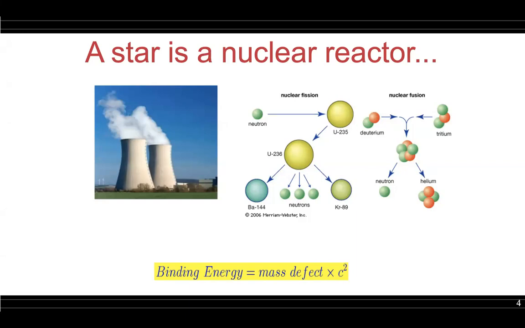If you look at the mass of 4 hydrogen atoms and the mass of 1 helium atom, you will see there's a difference in mass. The 4 hydrogen atoms weigh more than a single helium atom, and this mass defect gets converted into energy.